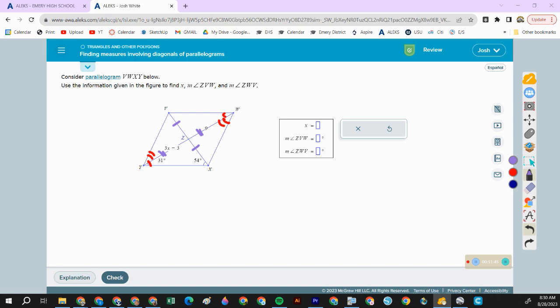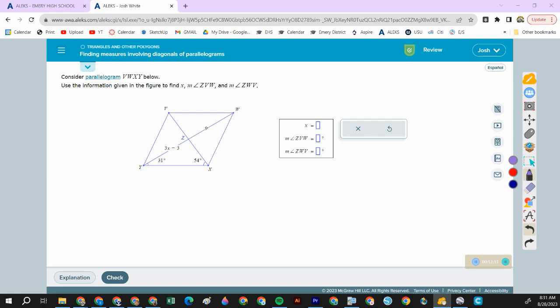And that's true for every corner. Okay. Now, they've kind of tricked us a little bit. They drew this angle and labeled it as 31, and they drew this angle and they labeled it as 54. So that does not mean that those two angles are equal, which, in my opinion, they shouldn't have drawn the lines, but they did.